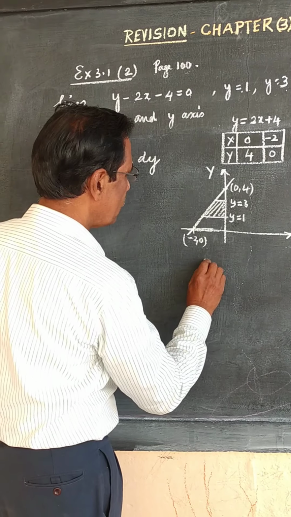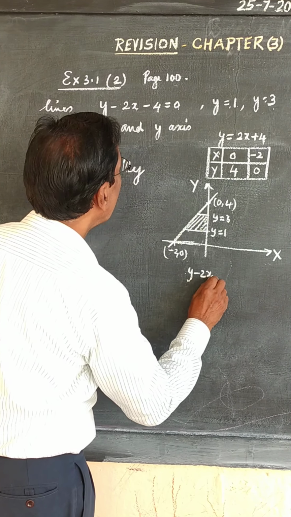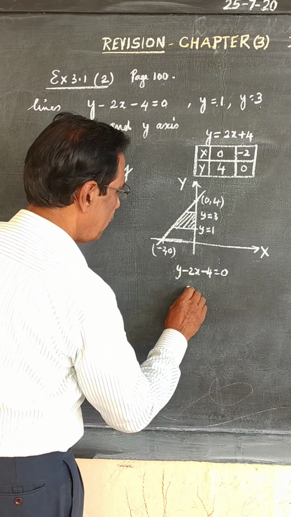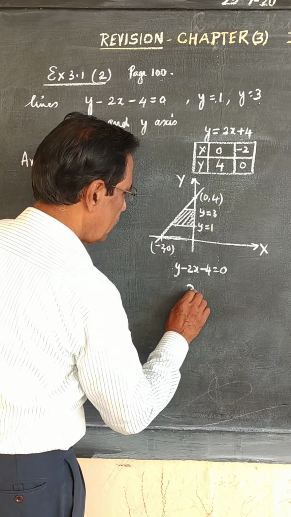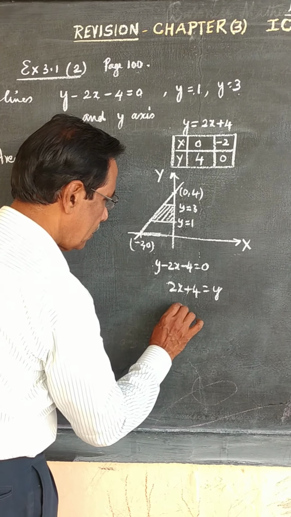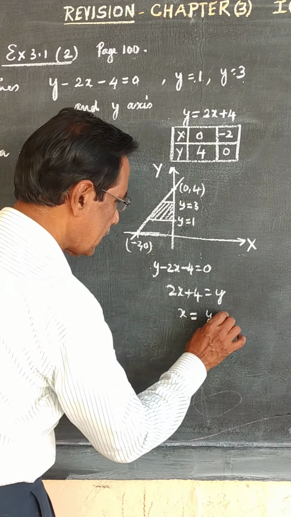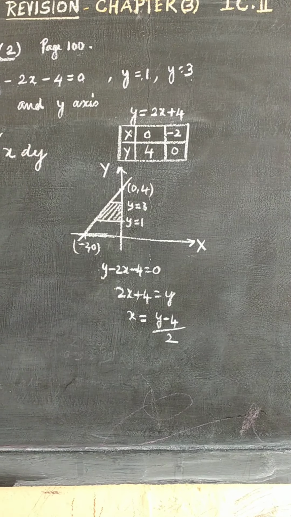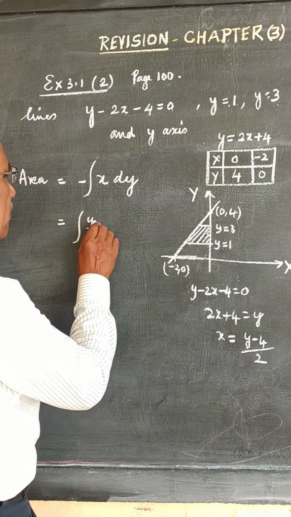That is, y minus 2x minus 4 is equal to 0, 2x plus 4 is equal to y, therefore x is equal to y minus 4 whole divided by 2. Now this becomes the integral of y minus 4 by 2 into dy from 1 to 3.